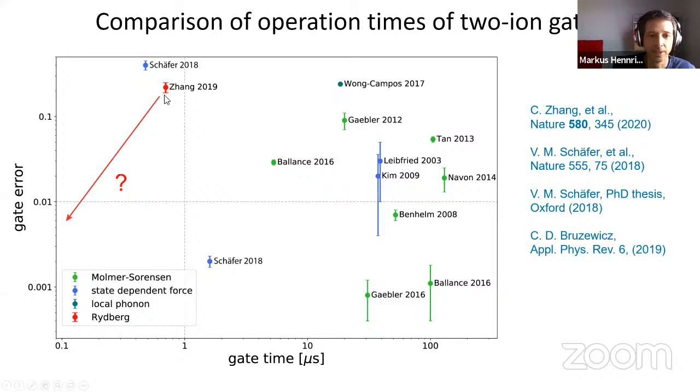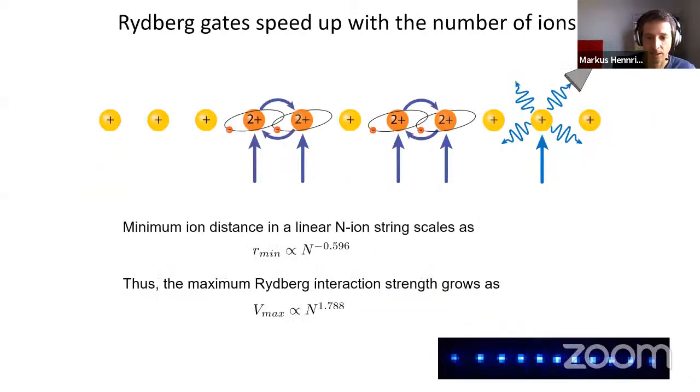So we can bring the ions closer together, go to a higher Rydberg state, and then go to a regime down here, limited by the lifetime of our Rydberg states. Make it faster and lower error. Interestingly, the gate also doesn't slow down in longer ion crystals.